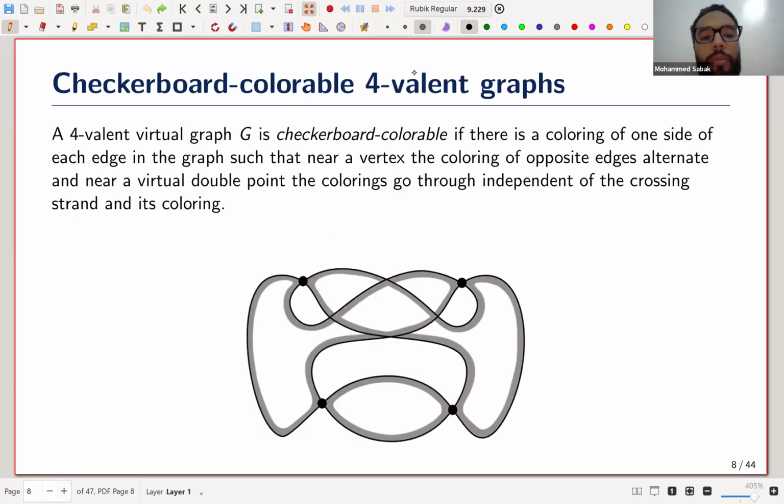We say that it is checkerboard colorable if there is a color on one side of each edge in the graph such that near a vertex the colors of opposite edges alternate, and near a virtual double point the coloring goes through, independent of the crossing strand in its color. Here we have an example of a checkerboard colorable graph.